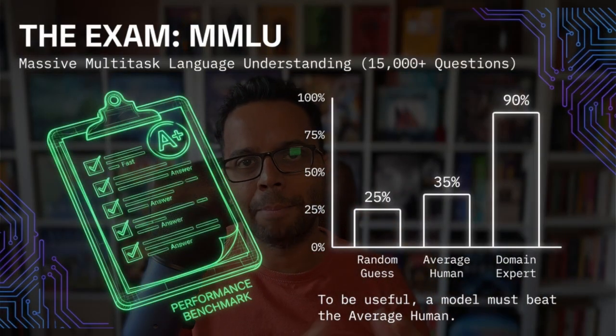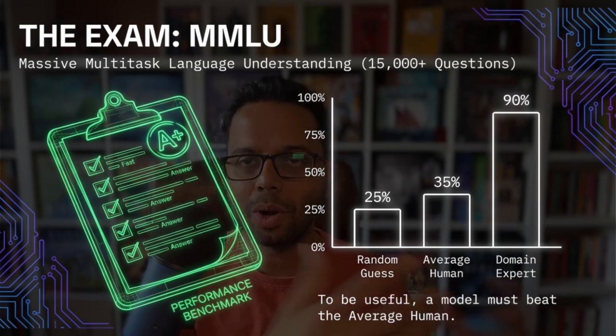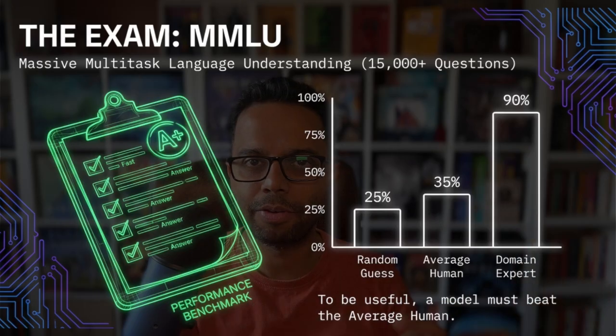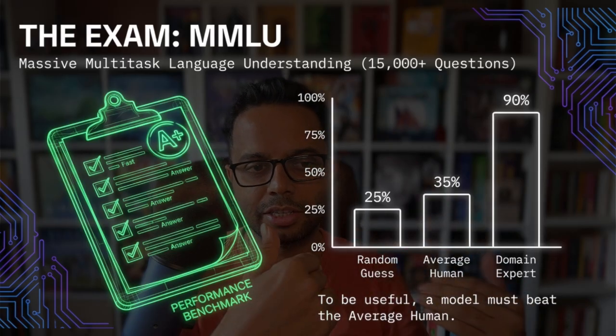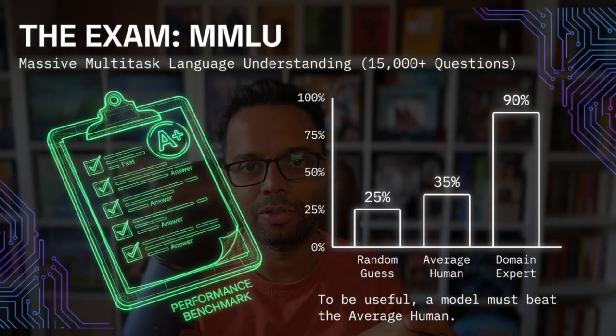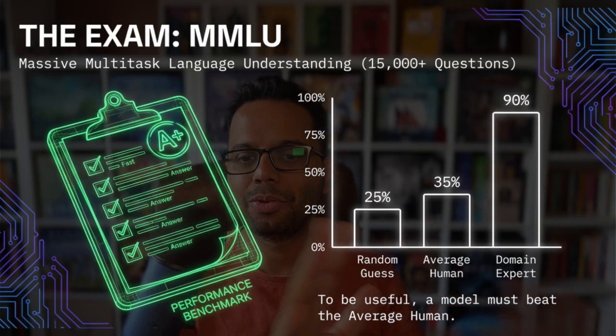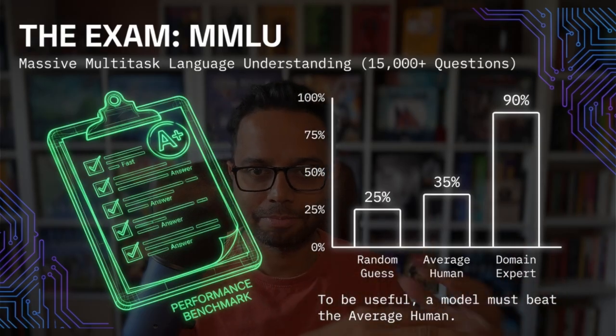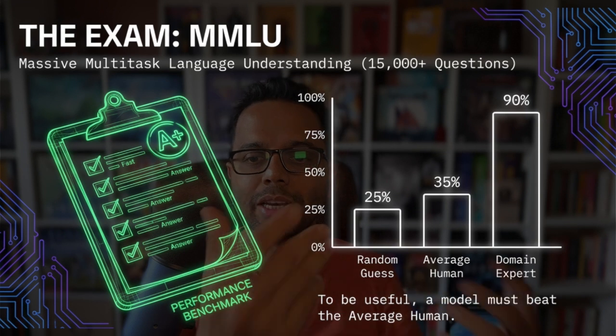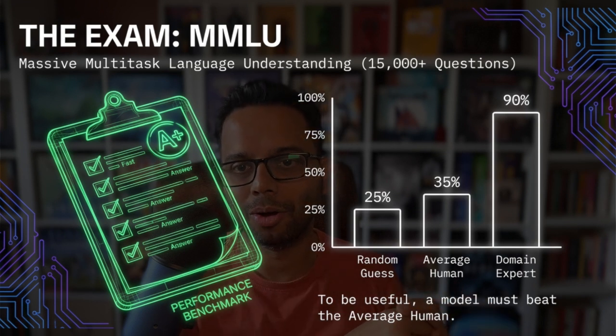Now coming to MMLU, Massive Multitask Language Understanding. What is this? It's basically a set of 15,000 plus questions. If you try random guesses of the answers provided for those 15,000 questions, you have a probability of getting around 25% right. An average human who is average smart can score 35% on those questions.